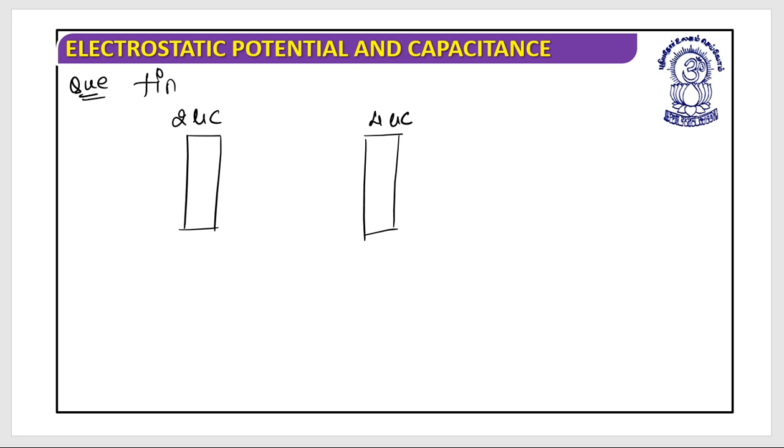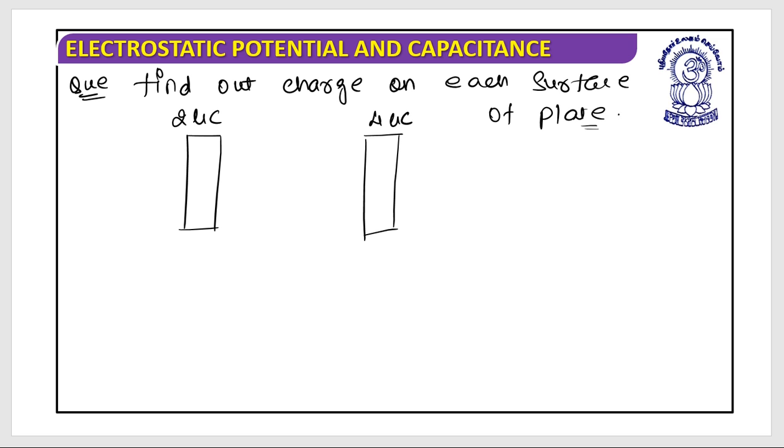What they ask is to find out the charge on each surface of the plate. It is the requirement. So what I can do is 2 plus 4 divided by 2. So this is 2 plus 4, 6, 6 by 2. This is equal to 3 microcoulomb.